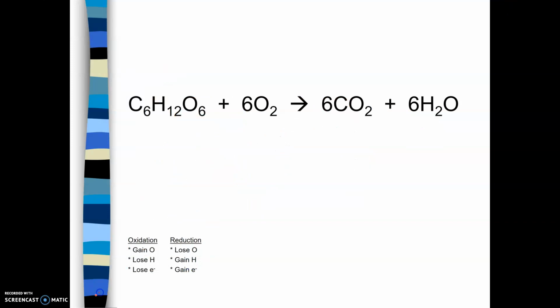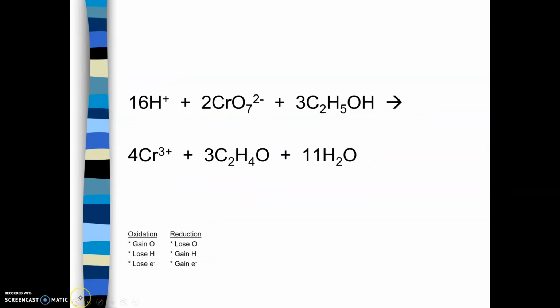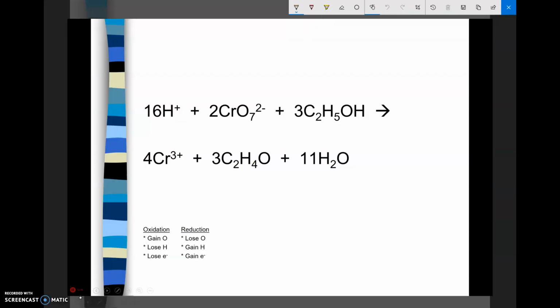Okay, let's do another example here. On this example, there's a lot going on. And so when this happens, again, you want to compare the same elements. Right here, we've got chromium and oxygen. And on the product side, here's your chromium. So we're looking at these 2 chromiums.